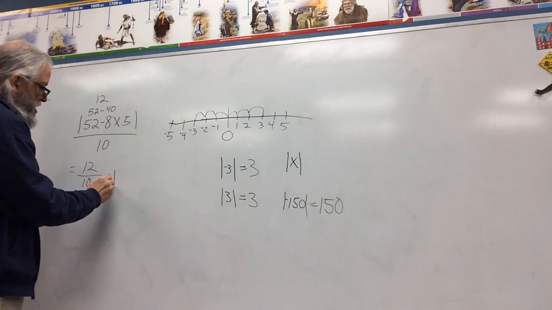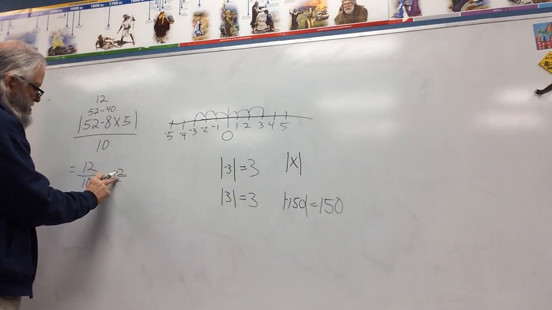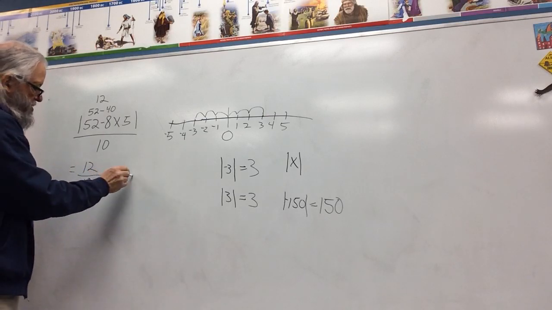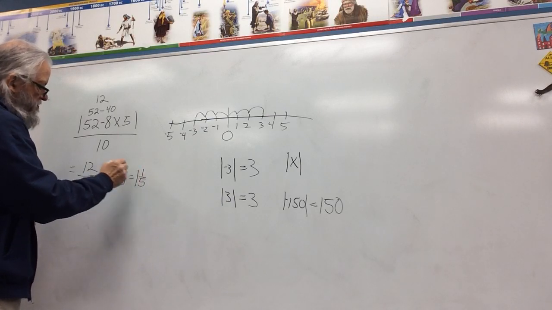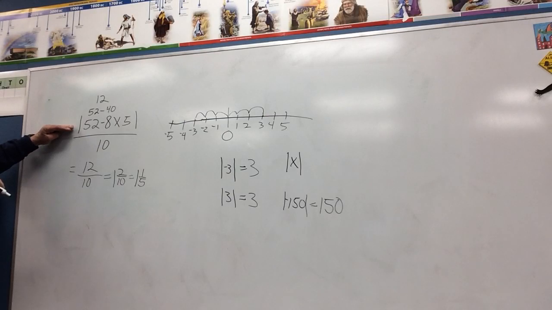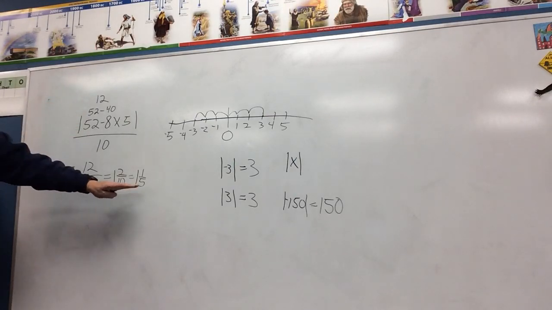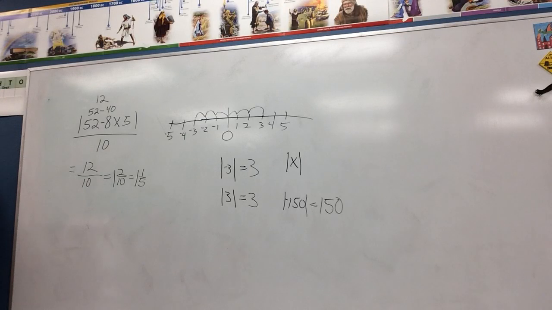So that would be 1 and 2/10, which simplified would be 1 and 1/5. So this equation simplified is 1 and 1/5. Okay?